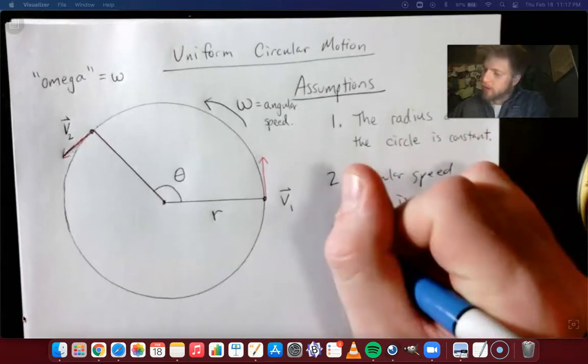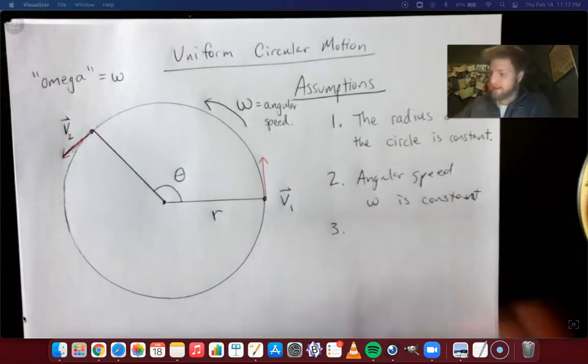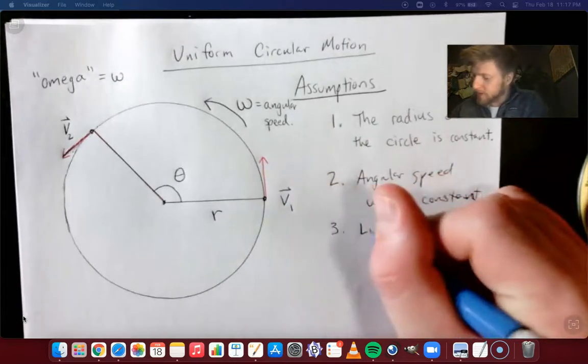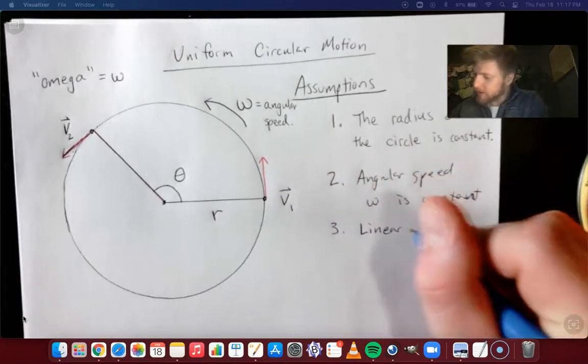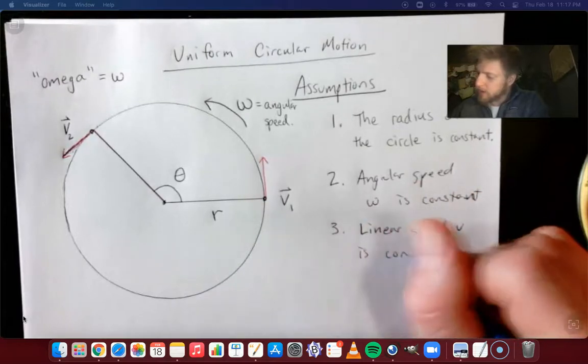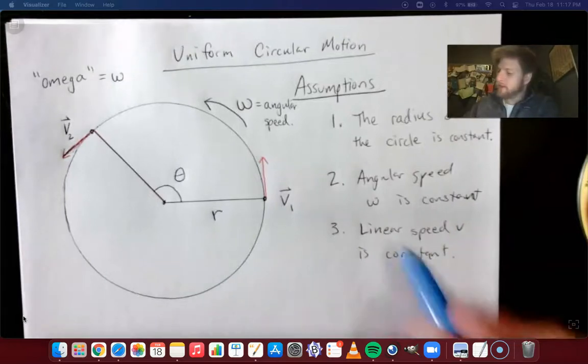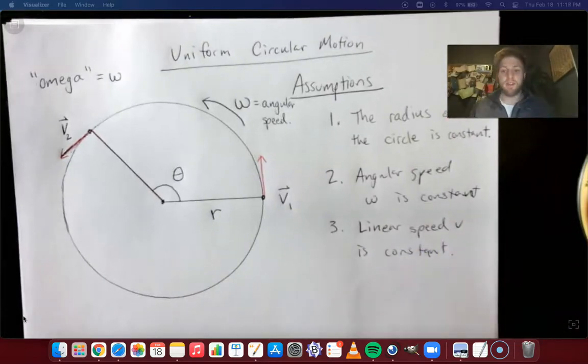And then we're also going to assume, for the sake of making life easier, that the speed is constant. So v here is going to be called the linear speed. V is constant. Now I'm being very precise here in saying speed, not velocity.